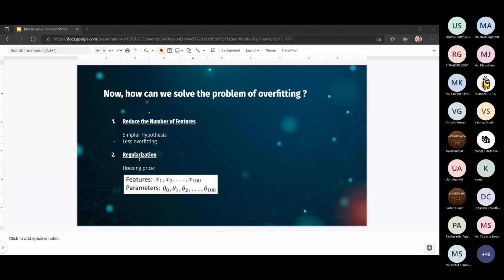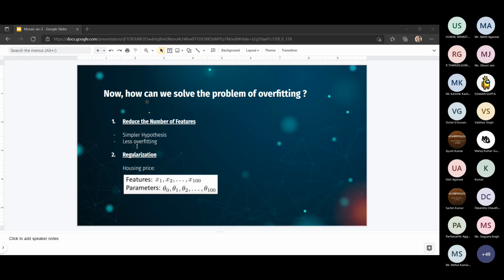So we can manually select some features that are not relevant to the output, and we can delete them. But we should keep in mind that whenever we reduce any feature, we lose that much information, and we don't want to do that.